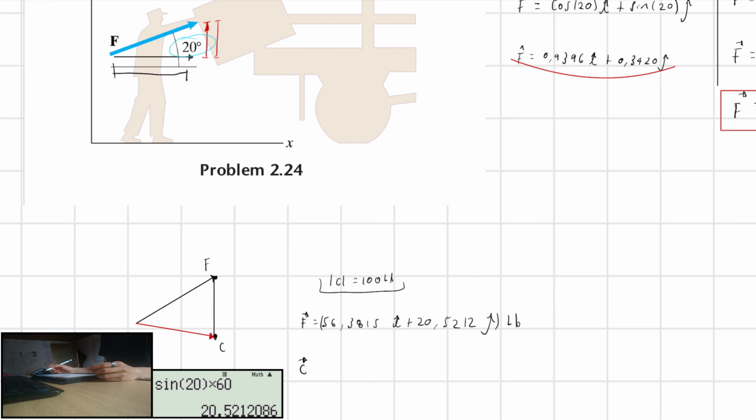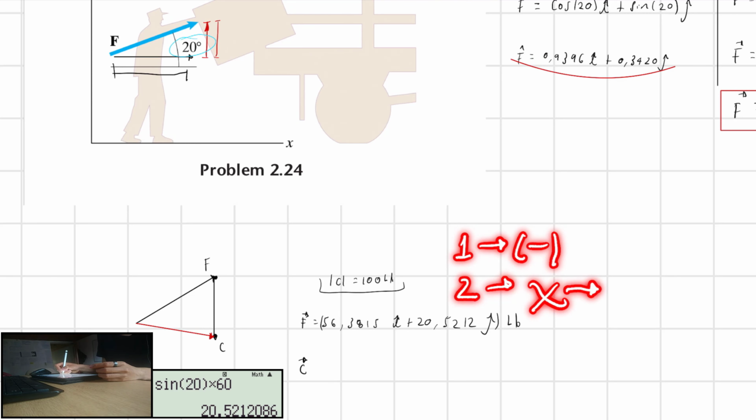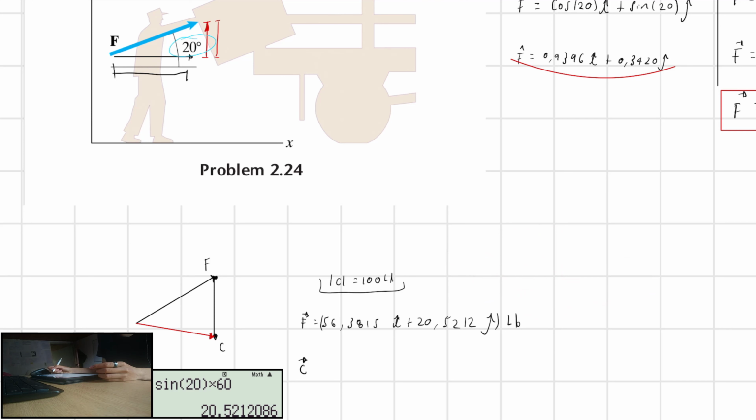This means that first, the vector C is in the negative direction of Y. That means that the component for Y, or the j direction, is going to be negative. Second, there is no component in the x direction. The component on the x direction is equal to 0.